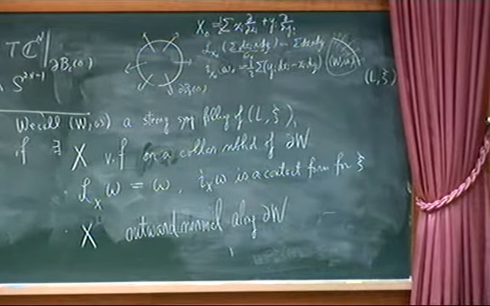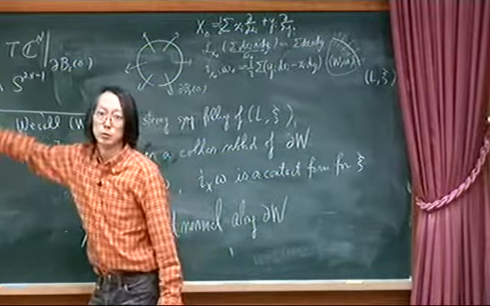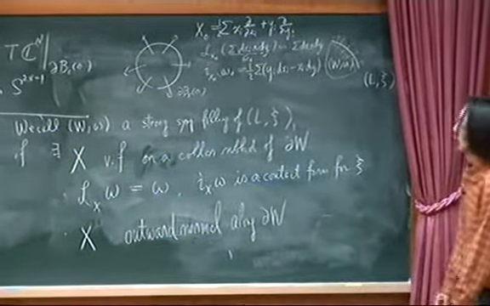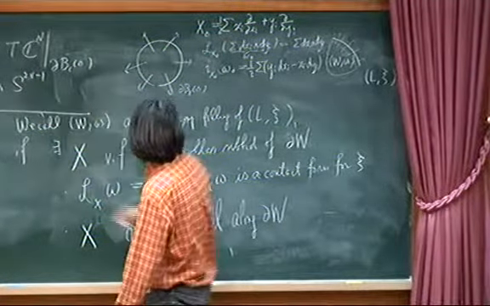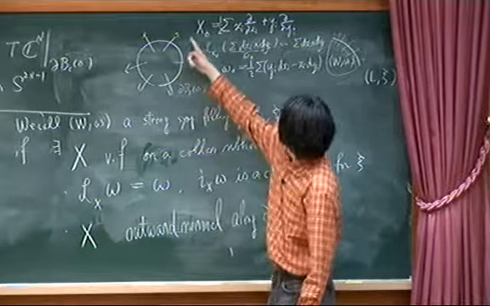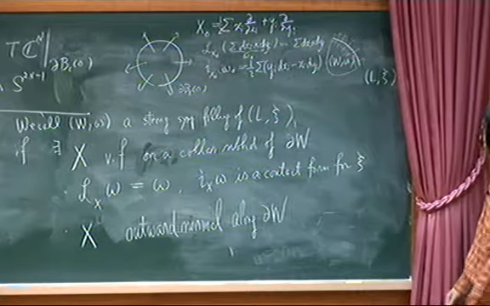I think this is correct, right? And if you take the kernel of it, then you get the standard contact structure on the sphere. So in this case, this X is given by this explicit one. Okay.